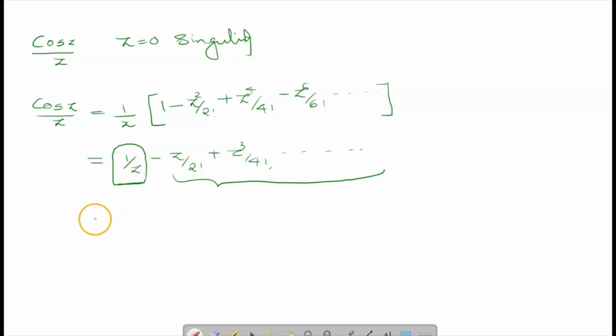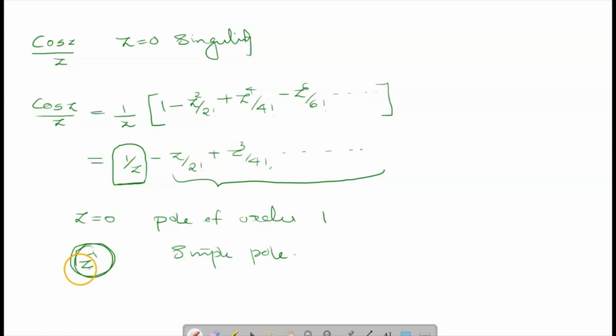That means z equal to 0 is a pole of order 1, or a simple pole. So z equal to 0 is a simple pole of cos z by z. The Laurent series expansion only contains the first negative power, z raised to minus 1. This is the only negative term, so this is a pole of order 1.